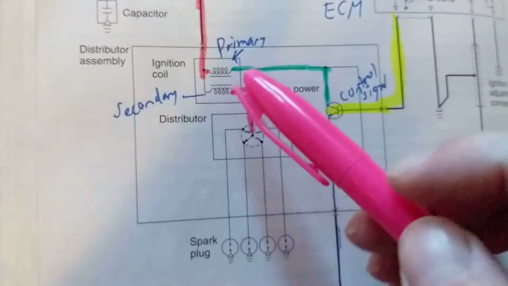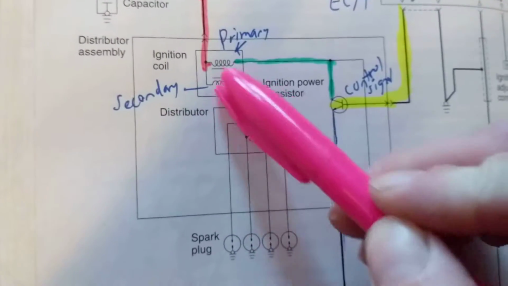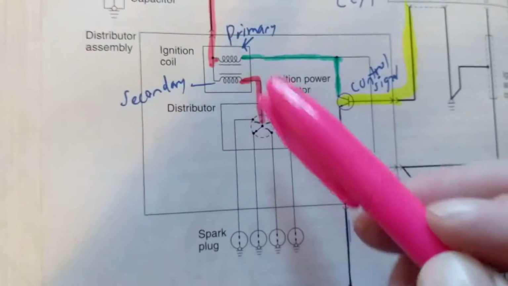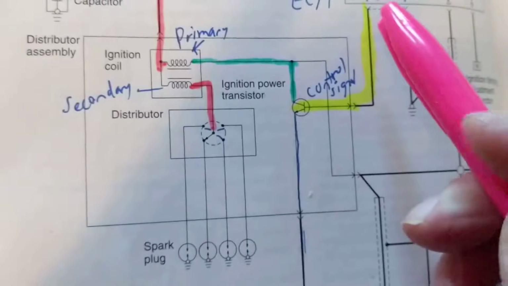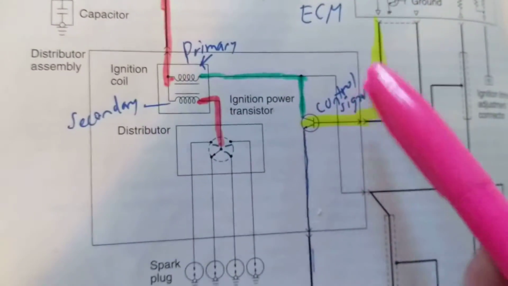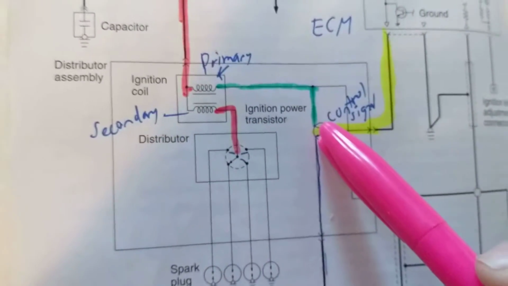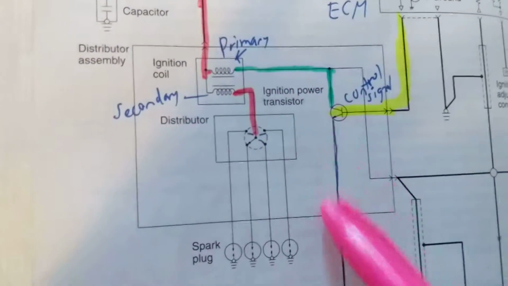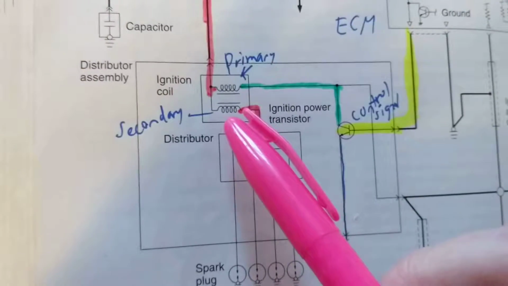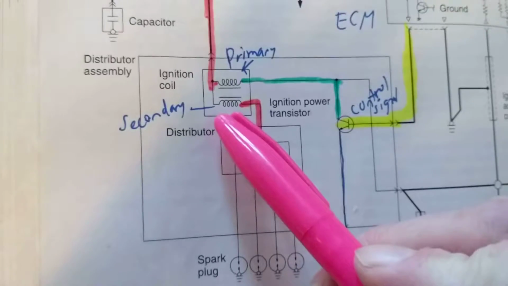When it collapses, it induces a voltage into the secondary, like a transformer. So in other words, when the computer sees that it needs spark, it sends a control signal to this transistor or switch, turns it off, current is cut off, creating the magnetic field that is saturated, and the voltage is now induced into the secondary.